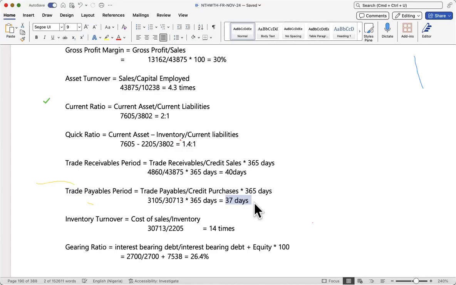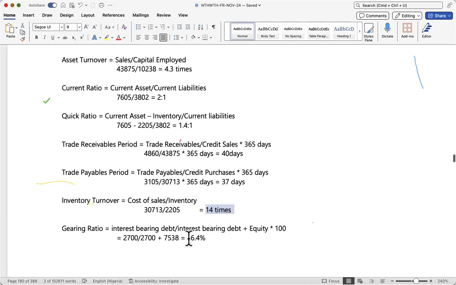He has been performing. And for inventory turnover, it takes him 14 times to sell all his inventories. And for gearing ratio, of course, the lower the better, in order to keep away from financial risk.